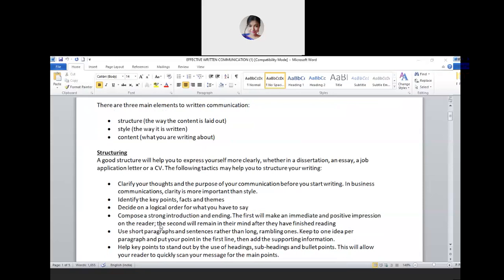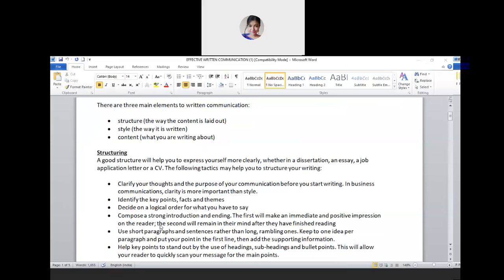Clarify your thoughts and the purpose of your communication before you start writing. Whenever you want to write, especially in case of formal communication, for a professional purpose, for an official purpose, definitely you should follow a structure.